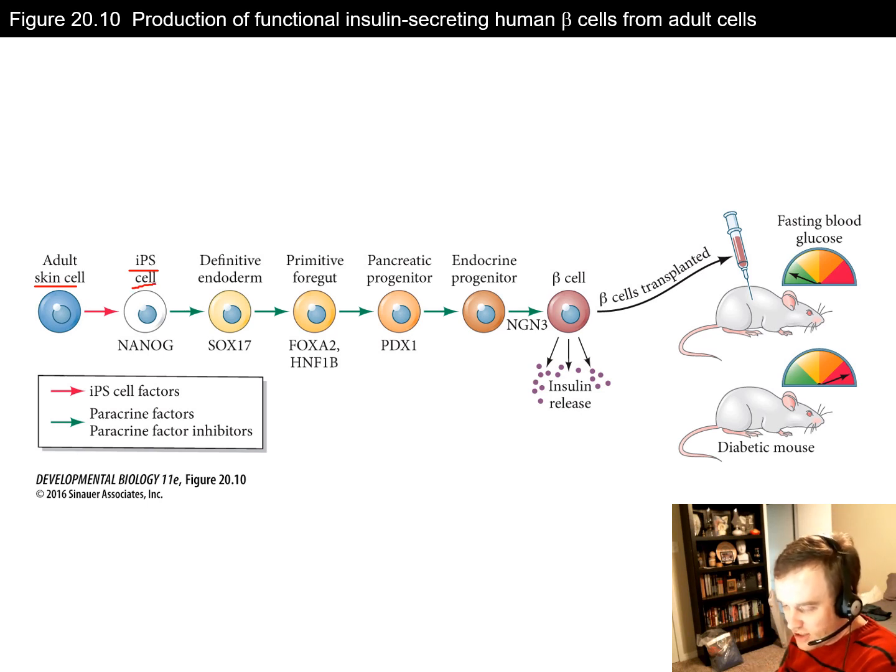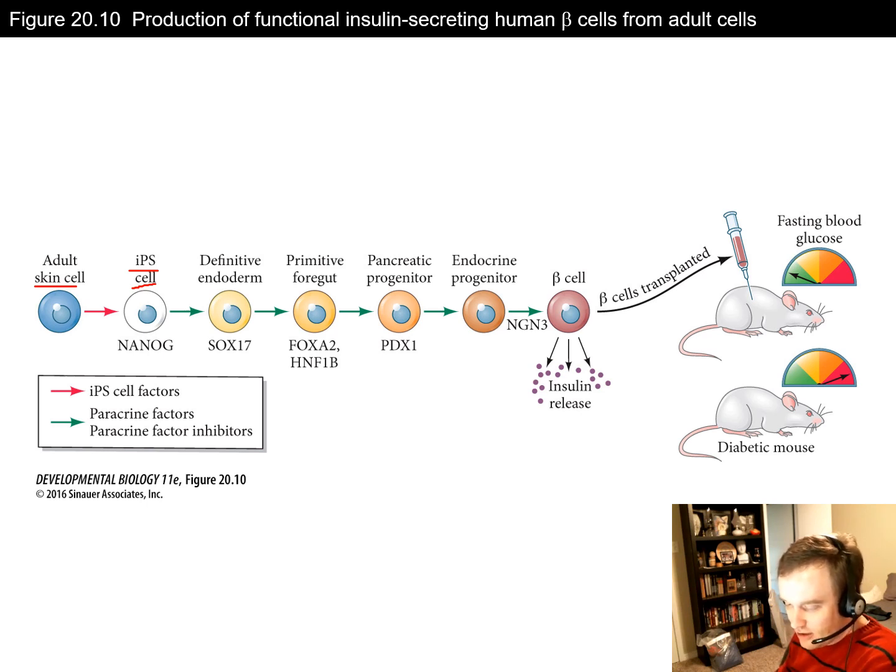And because we know this fate mapping in pancreatic cells, we can mimic the environment and the specific differentiation factors that lead to pancreatic cells and hopefully create these patient-derived cells and implant them back in to make up for the cells that are not capable of producing insulin.